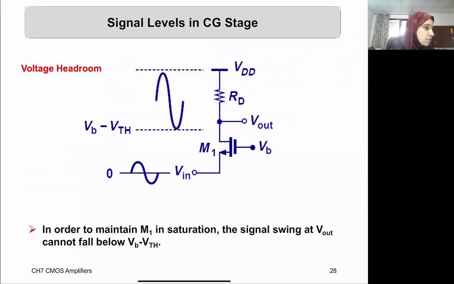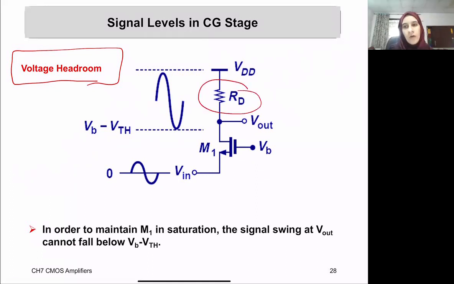We just need to know that this topology also suffers from the voltage headroom problem. In order to get a large gain, we need a larger RD.